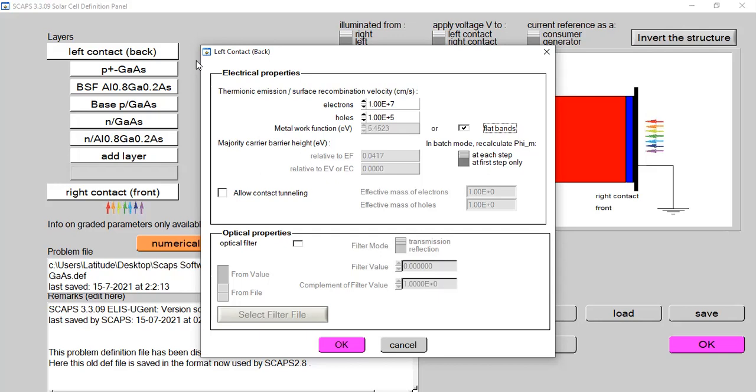Some metals: Au has a work function value of 5.1 electron volt, Ag 4.7, Fe 4.8 electron volt, copper 4.6, and copper doped with carbon about 5 electron volt. And Pt has a little bit higher work energy function value, 5.7.